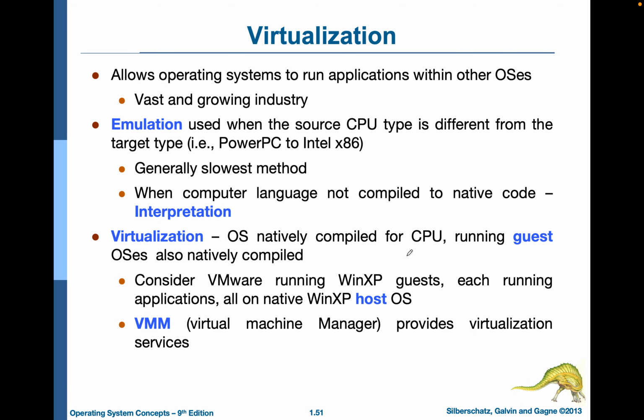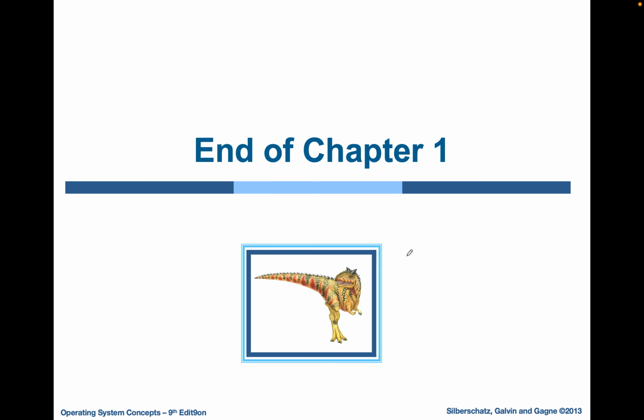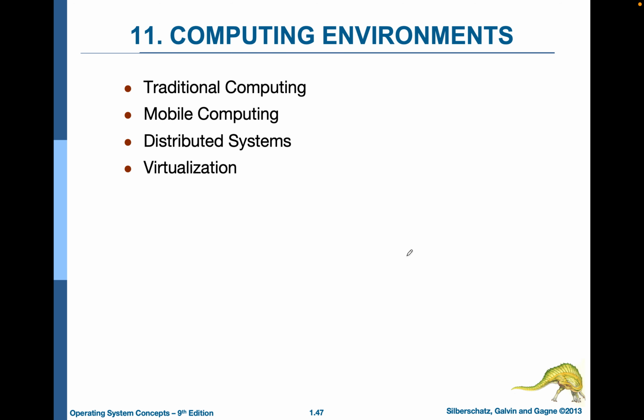And I think this one is okay. This is the last subtopic for you, which is computing environments. We will look into four: traditional computing, mobile computing, distributed system, and lastly virtualization.